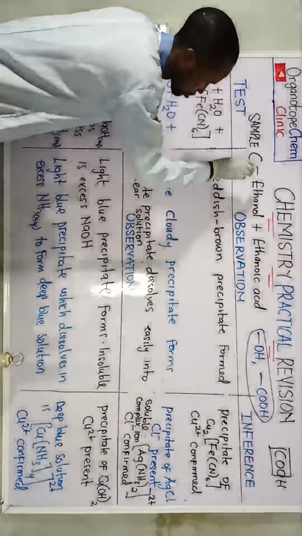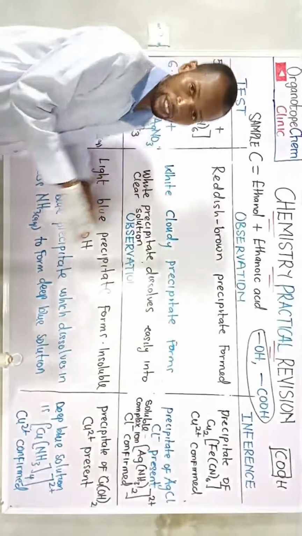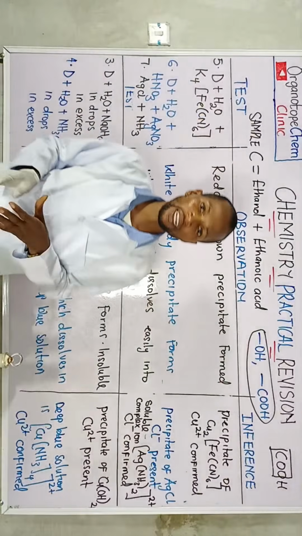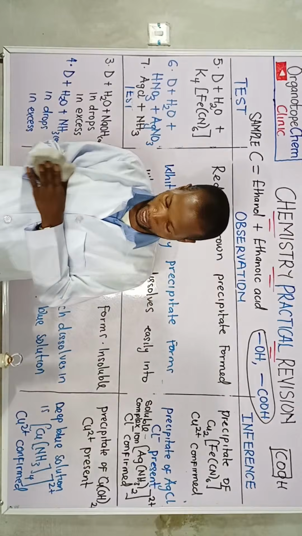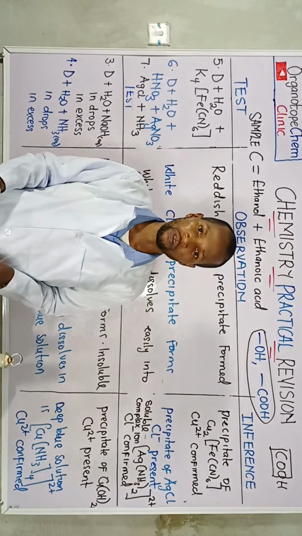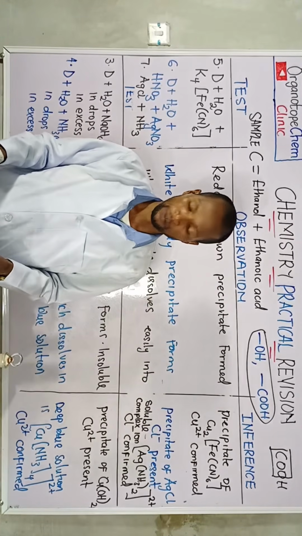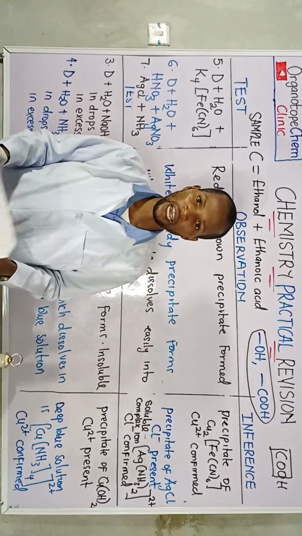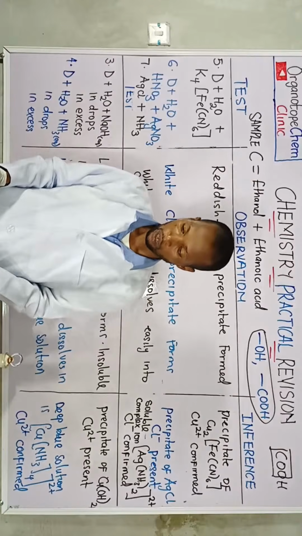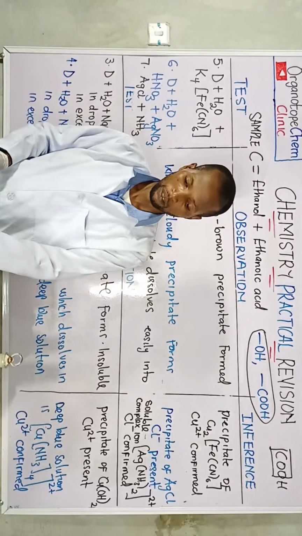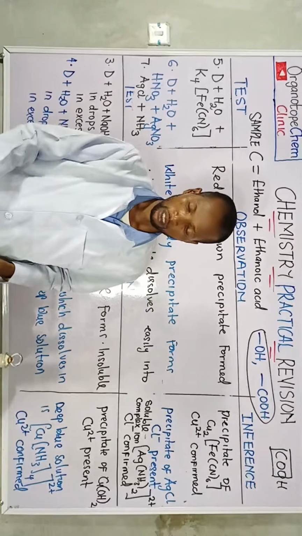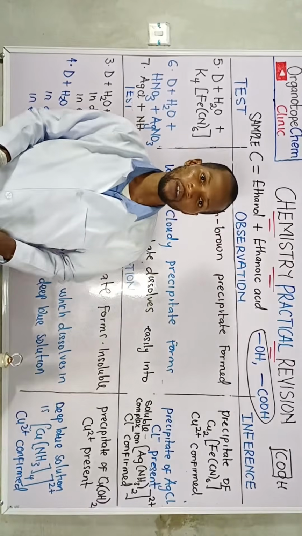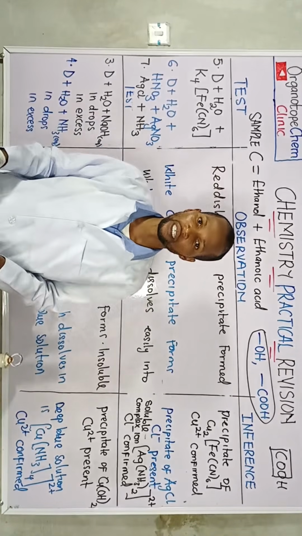Okay, that's for the sample D. Are we good to go? If you've gotten the question, type question taken. If you have the question, type question taken.